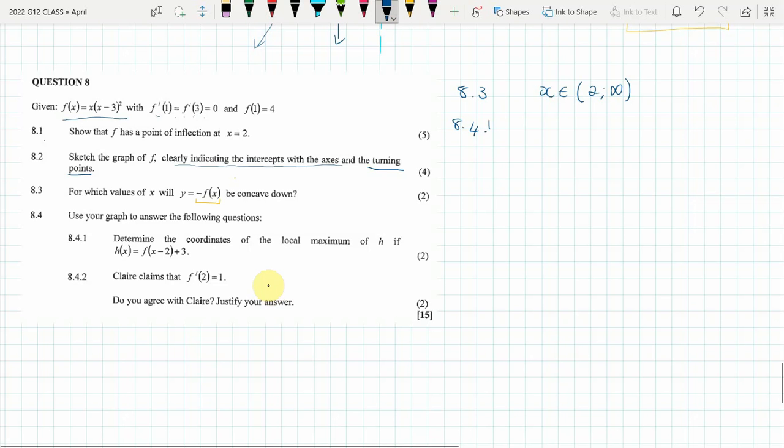So h is a translation of f, but it's a translation that involves 2 steps. Can you describe the transformation of f to obtain h?